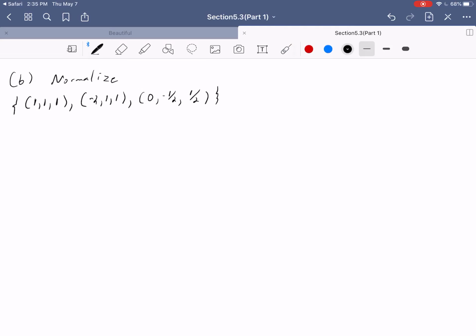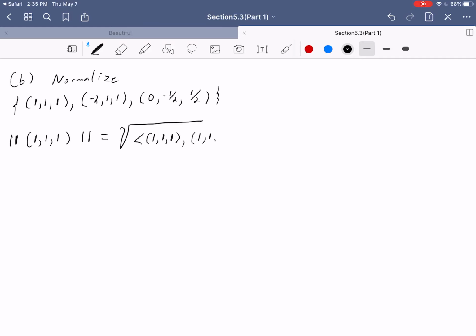So all we need to do is calculate the magnitude of each of these. So let's figure out the norm of (1, 1, 1), which is going to be the square root of the inner product of (1, 1, 1) with itself. Well, that's just going to come out as the square root of 3.